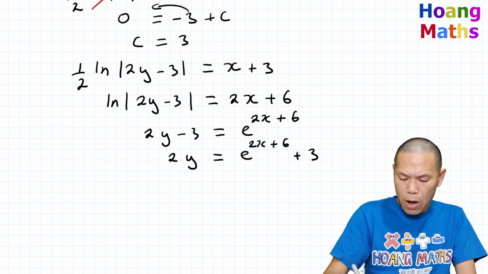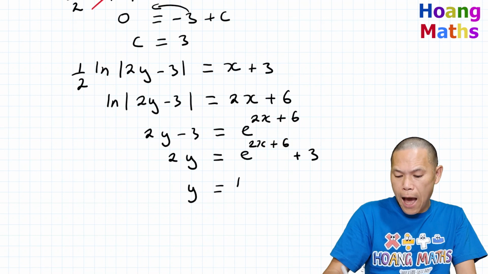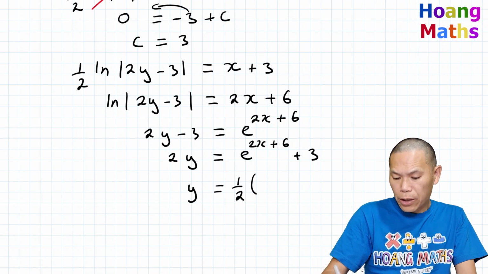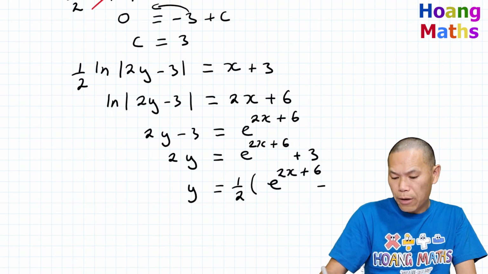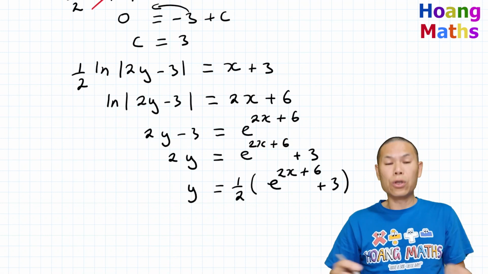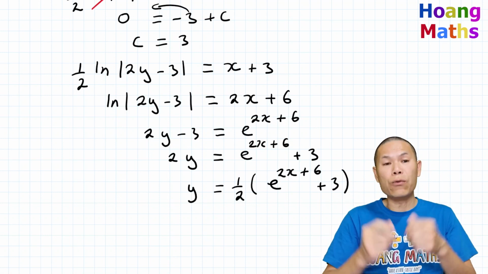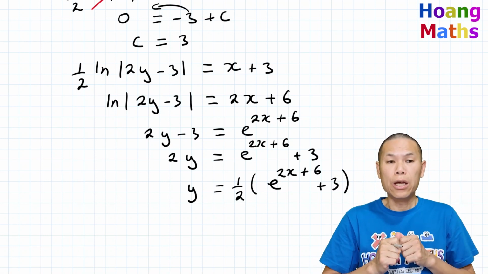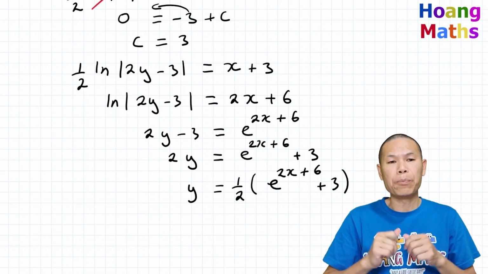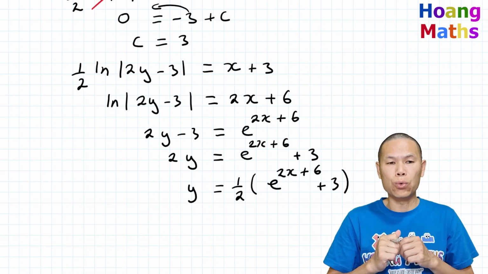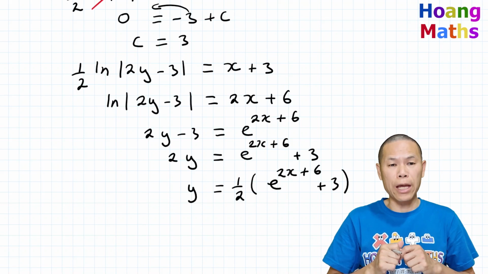That will give me y is a half of brackets, e to the 2x plus 6 plus 3. Otherwise, you can write a half of e to the 2x plus 6, plus 3 over 2. Okay, so that's it. And thank you.